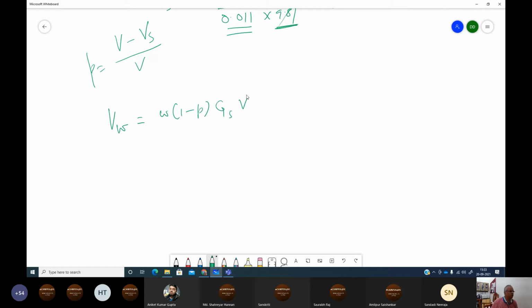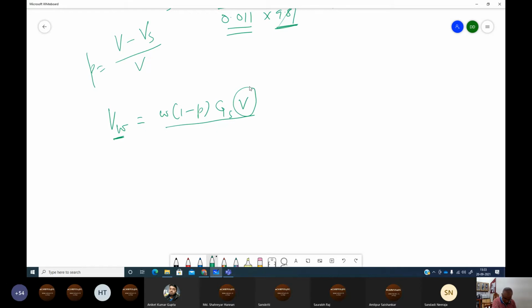Okay. All these formulas you can derive by yourself from first principles. And in the book it is given. So you see the volume of water present in a wet sample can be related to this. This is the total volume of the sample, including water, air, everything, and solid.